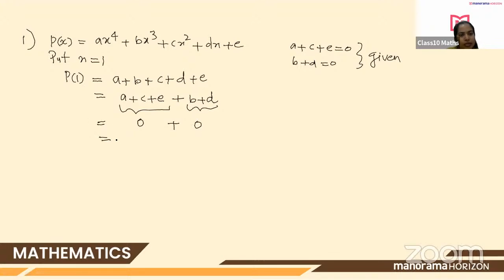That is 0 plus 0 is equal to 0. That is p of 1 is equal to 0. So at x is equal to 1, p of x is equal to 0. That is x is equal to 1 is a zero of the given polynomial.